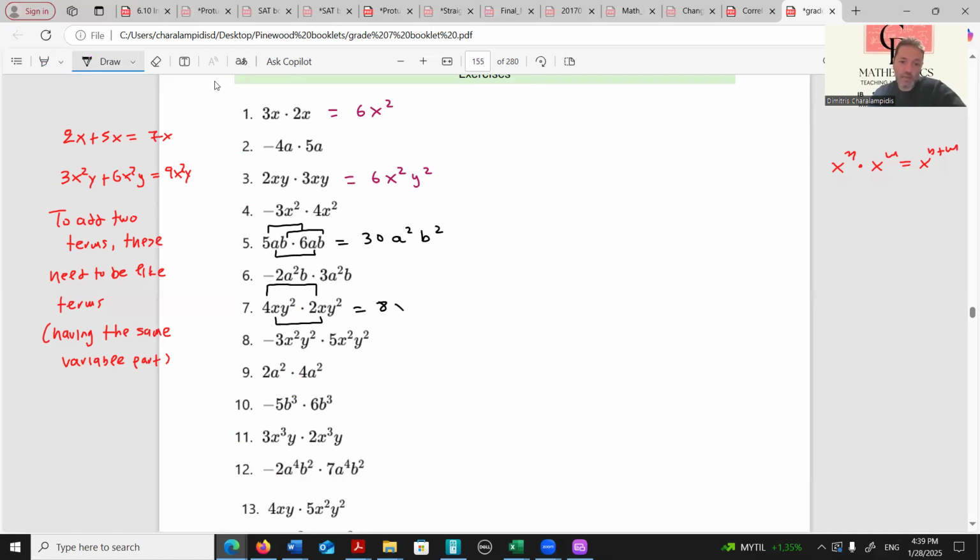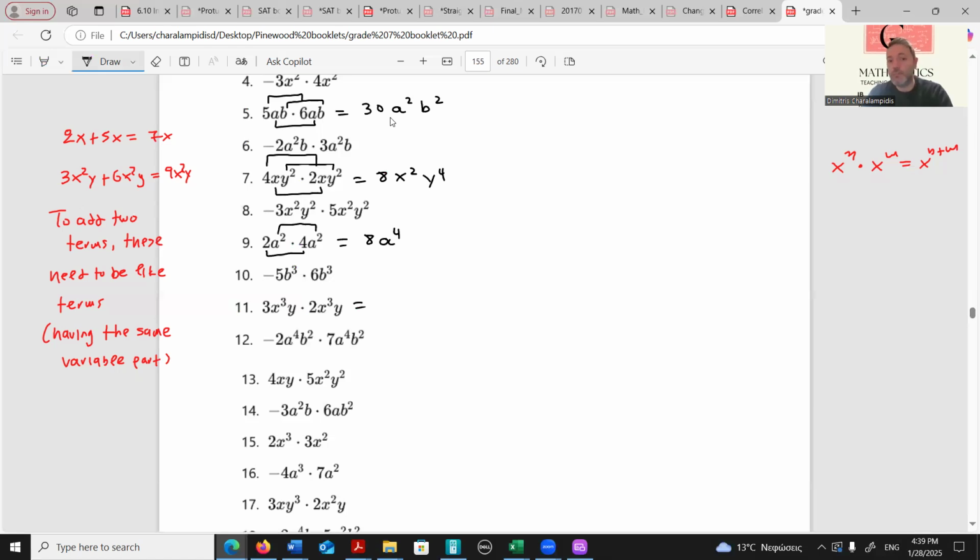X times x is x squared. Y squared multiplied by y squared should be y to the power of 4. Number 9, 2a squared multiplied by 4a squared. 2 times 4 is 8. A squared multiplied by a squared is a to the power of 4. Number 11, 3x cubed y multiplied by 2x cubed y. 3 times 2 is 6. X cubed times x cubed should be x to the power of 6. Y times y is y squared.